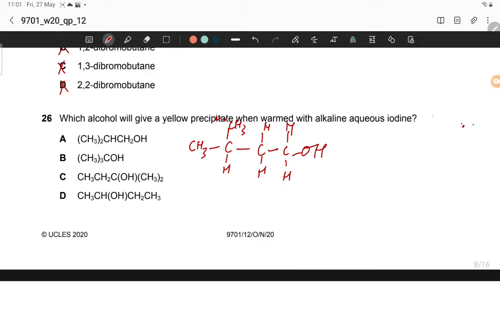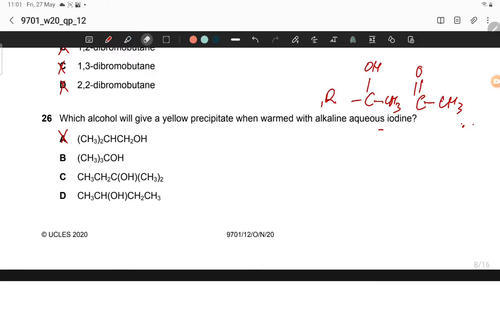Alkaline aqueous iodine gives a positive test with a compound like this, CH3, or a compound like this, OH and CH3. So this does not give the positive test with alkaline aqueous iodine, so it is not correct.